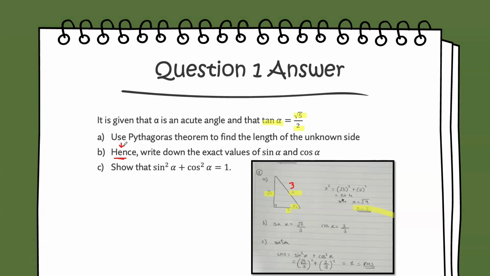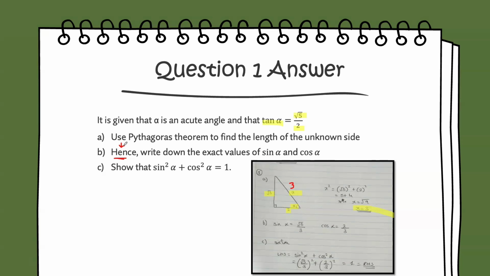It's mandatory. If it's saying hence, you must use something you figured out from answer A to figure out your answer B. If you don't, you're probably going down the wrong track, and you're getting your answer wrong.